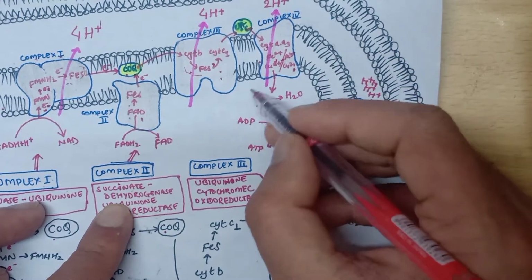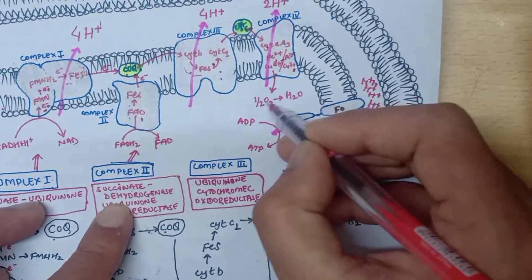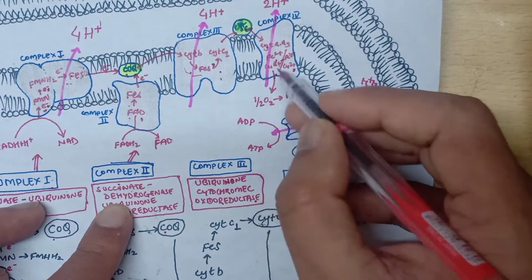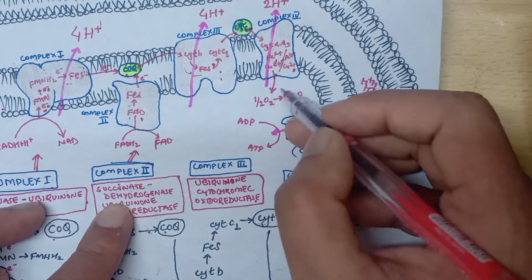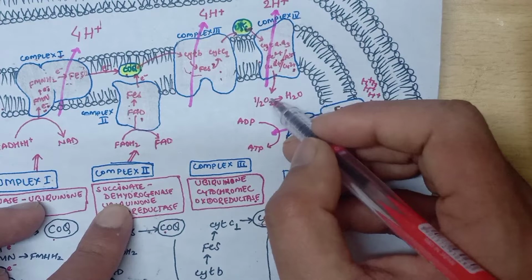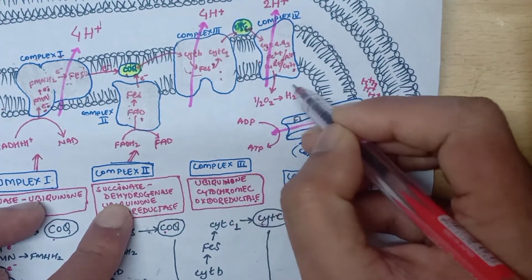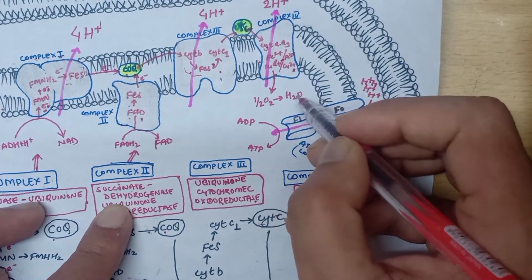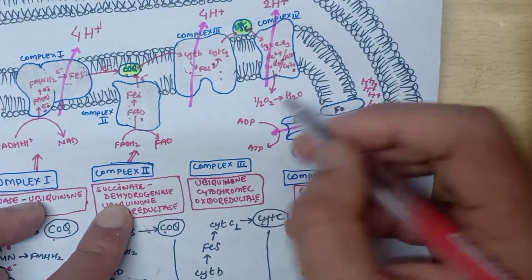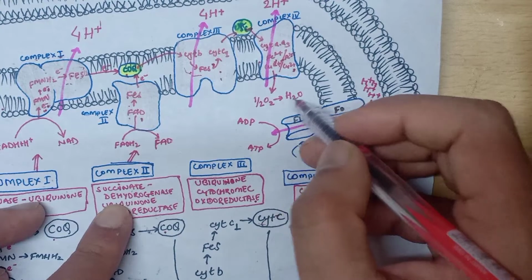So oxygen acts as a final electron acceptor, removing the de-energized electron to prevent the chain from becoming blocked. So oxygen also binds with free proton in the matrix to form water molecule, and this will remove matrix proton to maintain the hydrogen gradient.